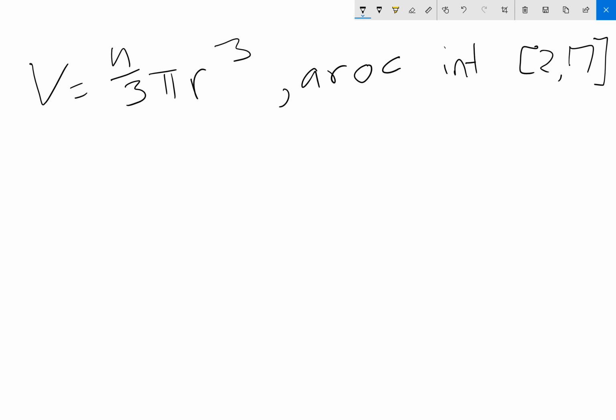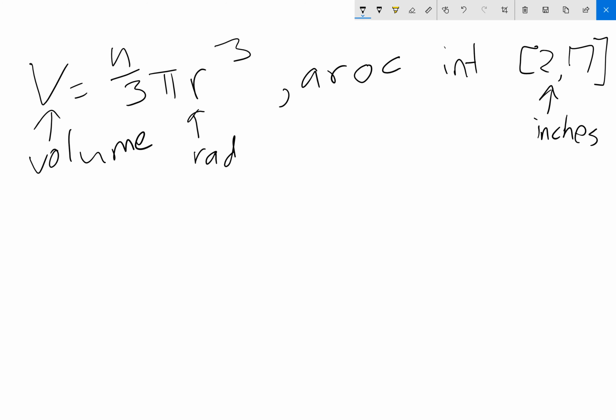Okay, so we know the output is the volume, right? And it's saying over the interval of 2 to 7 inches. We know the variable here is r for radius. So that's going to be our input, and this is our output.